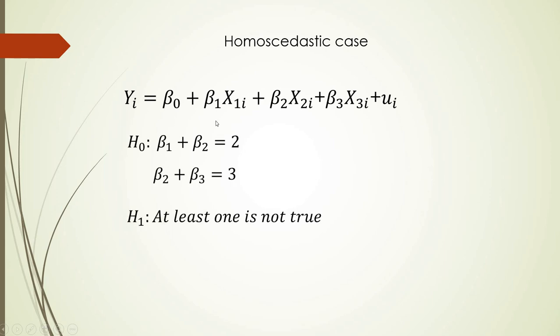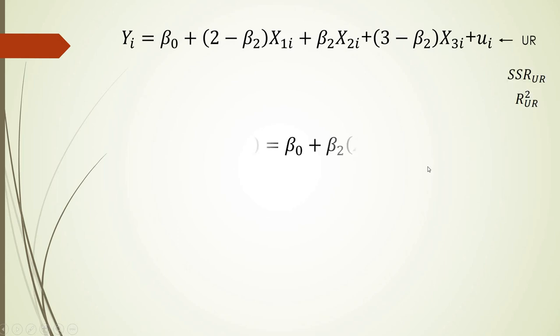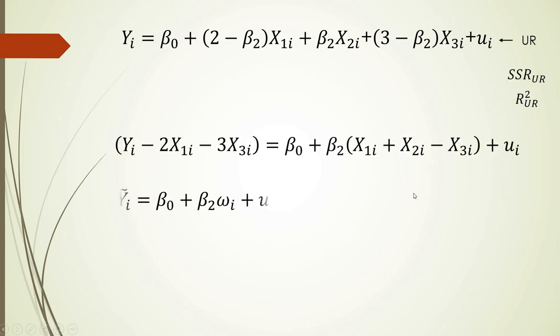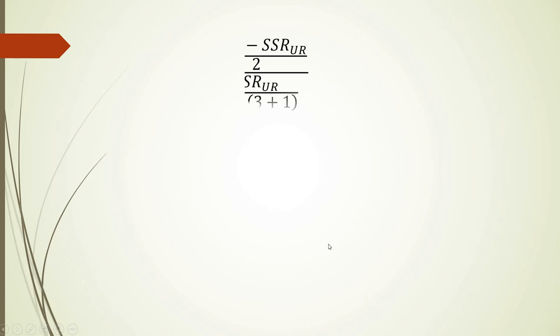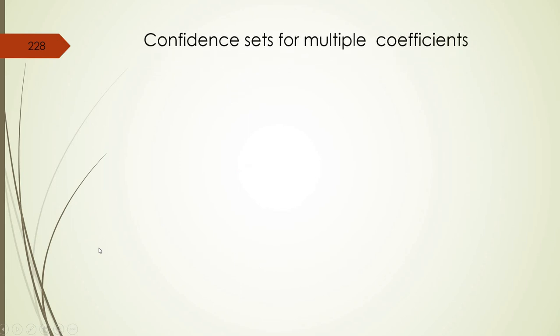So we have these two restrictions, beta 1 plus beta 2 is equal to 2, beta 2 plus beta 3 is equal to 3. And when we transform this equation, we will actually get this formula. We have some new equation, and we will test if beta 2 is actually equal to 0. We will get the F statistic and then compare it to the critical value.